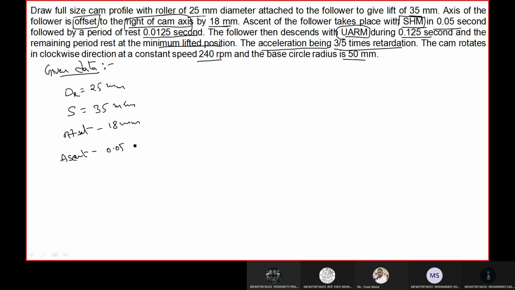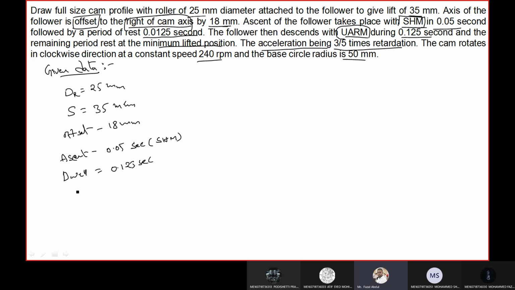Ascent value is 0.05 seconds with simple harmonic motion, followed by a period of rest, that is dwell period, 0.125 seconds.